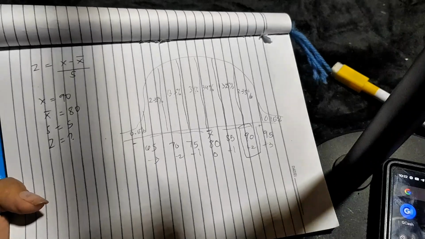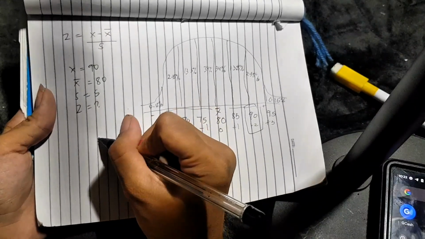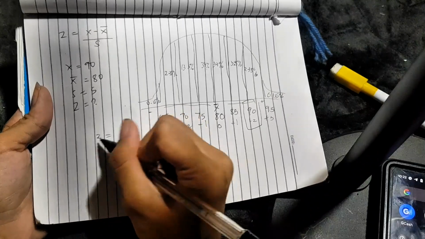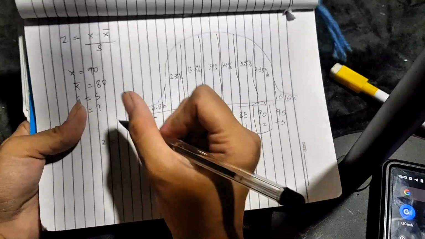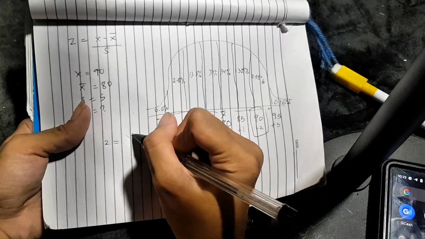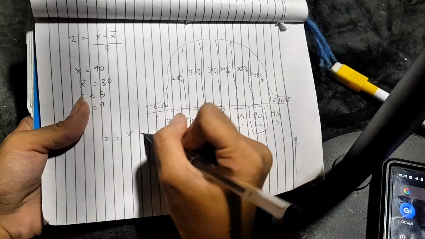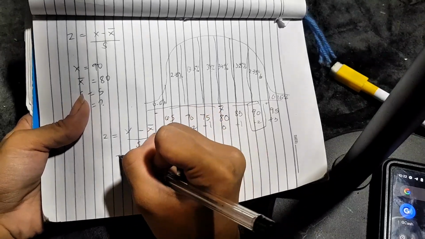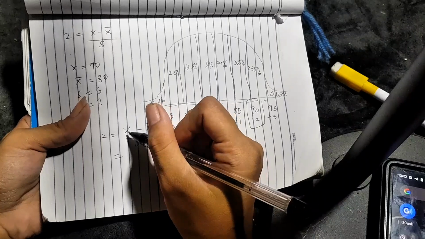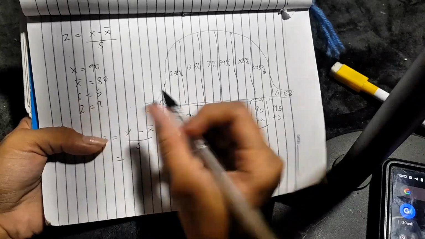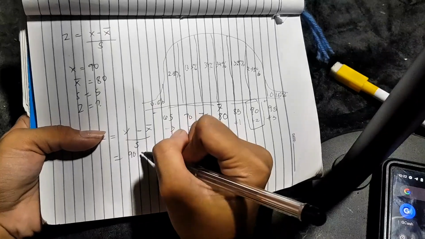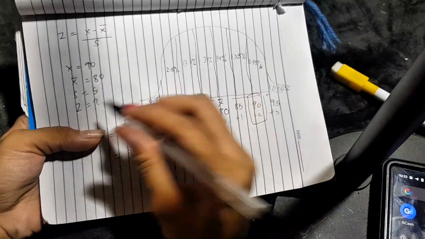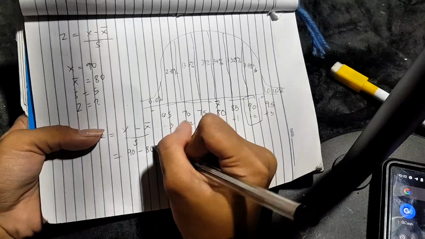So we are going to solve this one. This is the Z formula: the individual score, the mean, and the standard deviation. The score of James is 90. Subtract natin sa mean, which is 80.